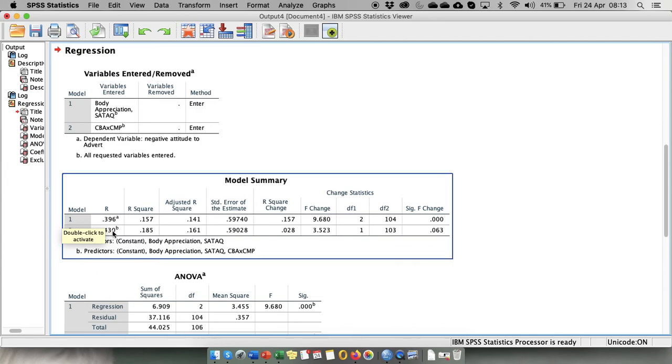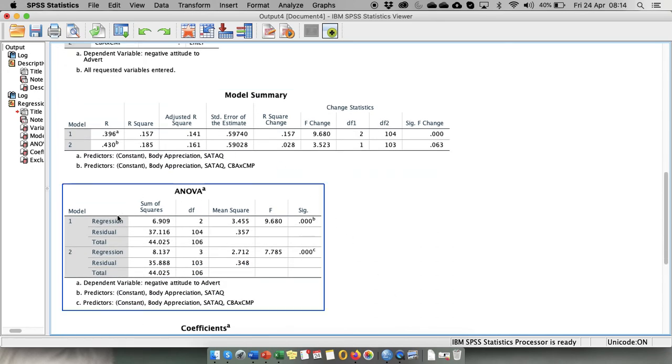In step 2, we see that the moderation accounts for an additional 2.8% of variance, and it's not significant. So already at this stage we see that body appreciation does not have an effect on the relationship between media pressure and negative attitude to advert.